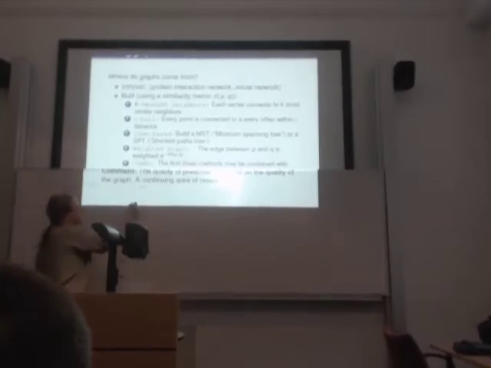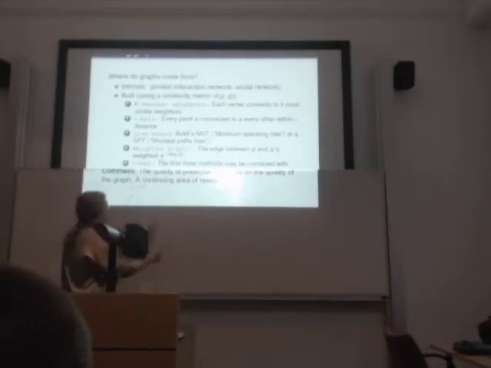So for instance, this point is near that point, and it's near that point. This point's two nearest neighbors are probably here and here, and this point's are probably this and this.